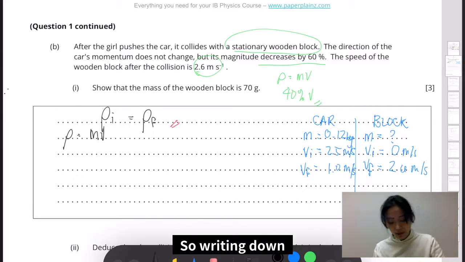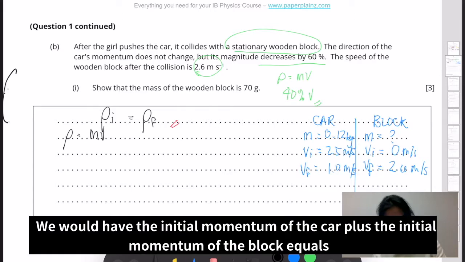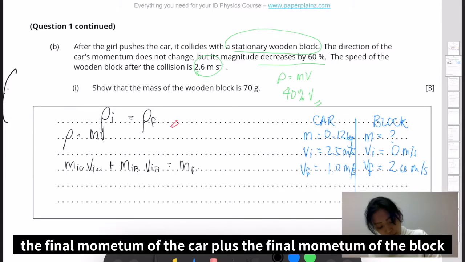Writing down, we would have initial mass of car times V initial of car, plus initial mass of block times V initial of block, equals final mass of car times V final of car plus final mass of block times V final of block.